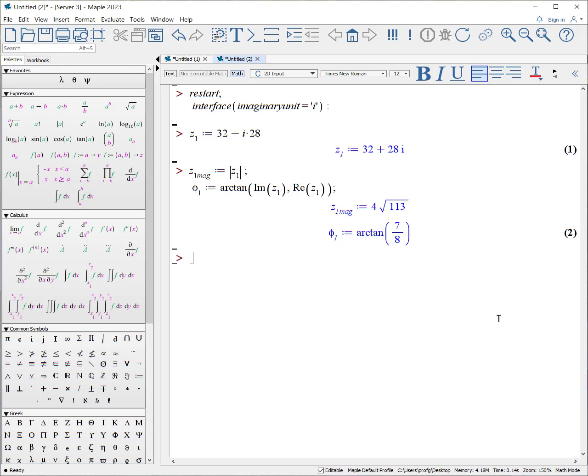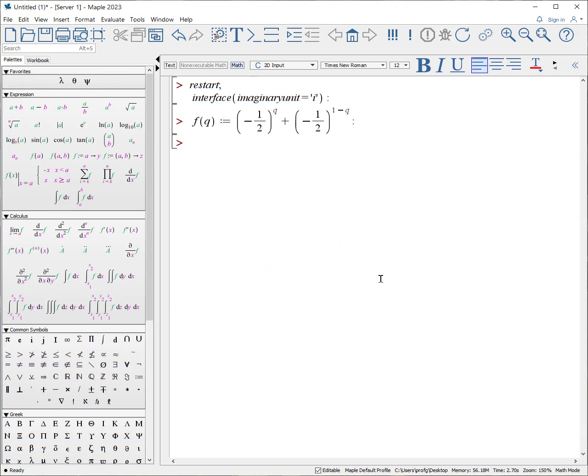Once I have this expression, I can create z1 polar, which is defined as the z1 magnitude times e to the I times phi 1. When I calculate the value, I get exactly back the representation of z1.